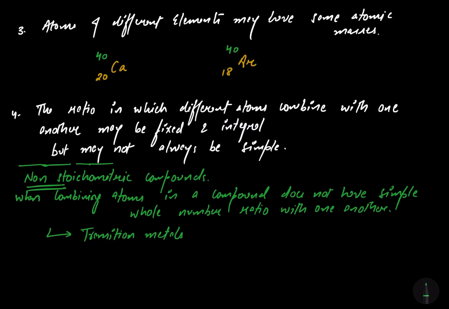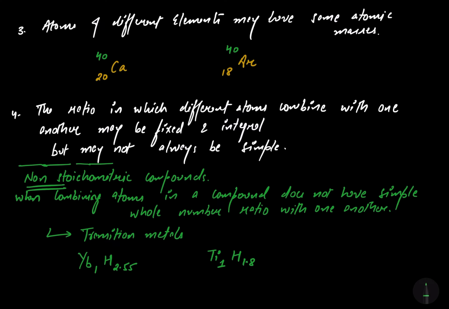Let me give you an example. Ytterbium hydride: here the ratio is 1 is to 2.55. So you can easily see that the ratio is not a whole number, so it's a non-stoichiometric compound. Another example is titanium hydride. Its ratio is 1 is to 1.8. Again, it's not a whole number ratio.